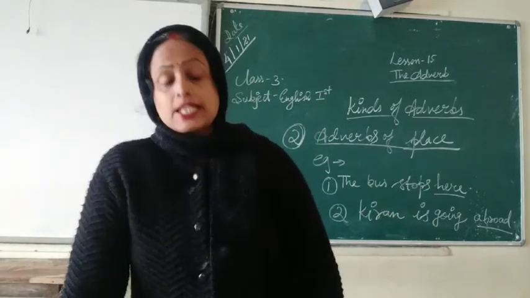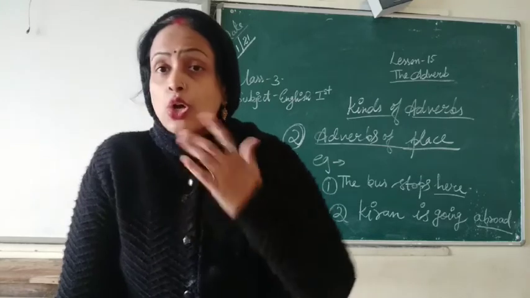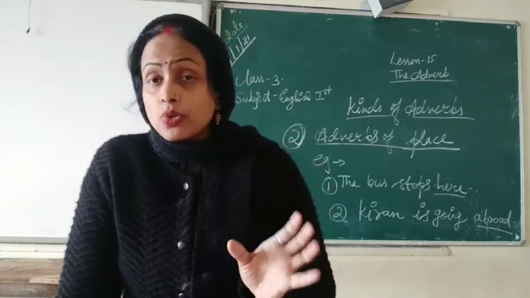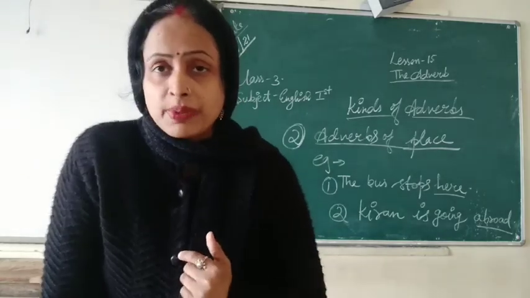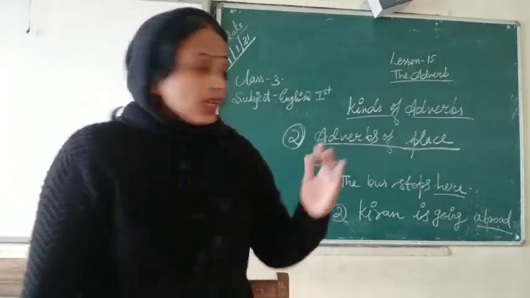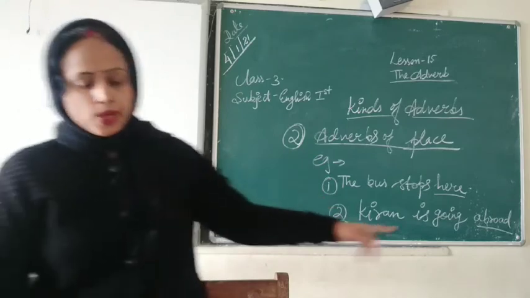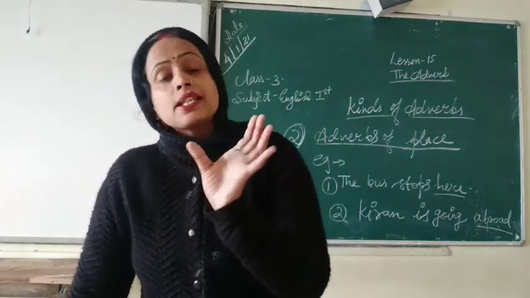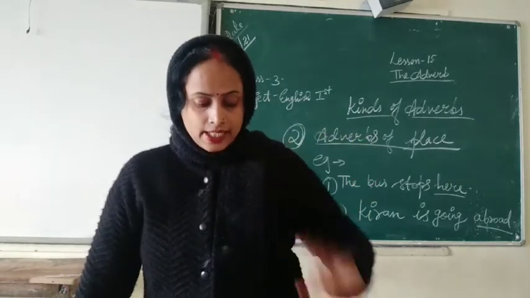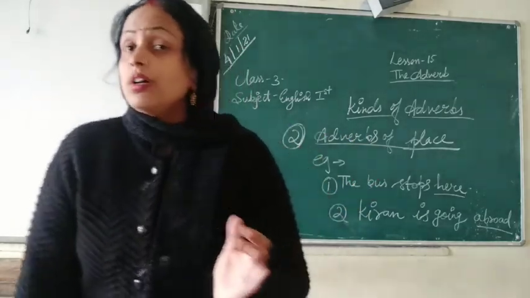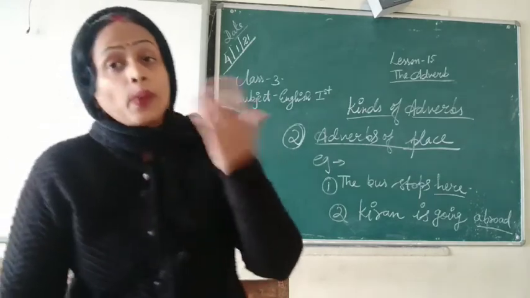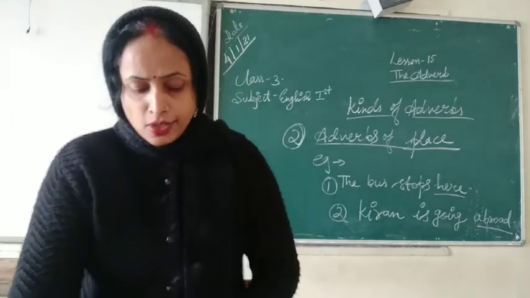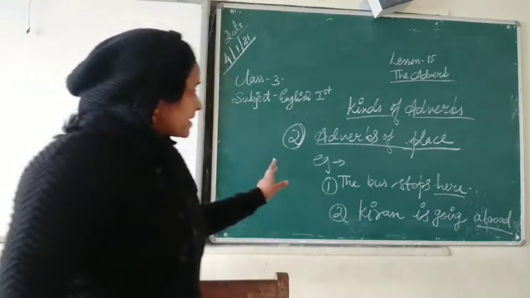But when we talk about the adverb of place, here it will tell us about where the action takes place. Where? Suppose these words: here, abroad, there, outside. So it tells us about a place. So the question will be asked like this: where does the action take place in this adverb of place. Okay. Now adverb of place is over.